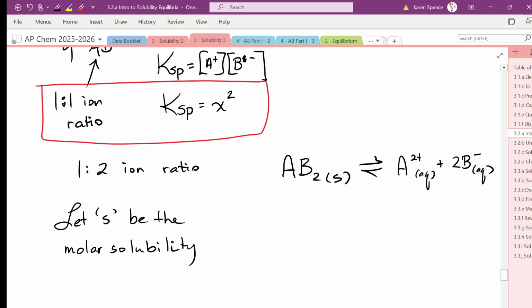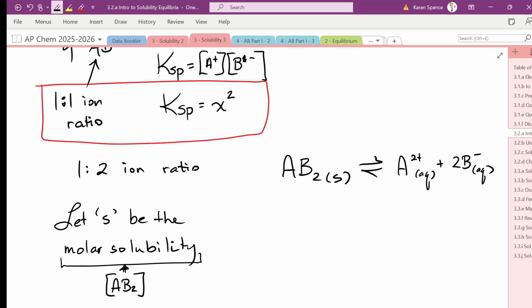And remember, what is molar solubility? Concentration. And generally, if we say solubility and we don't mention that it's not molar, we can generally assume it's molar solubility unless we're told otherwise.